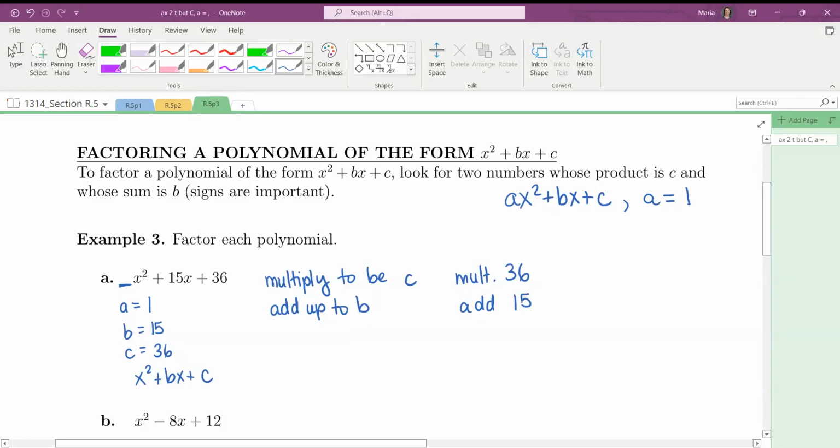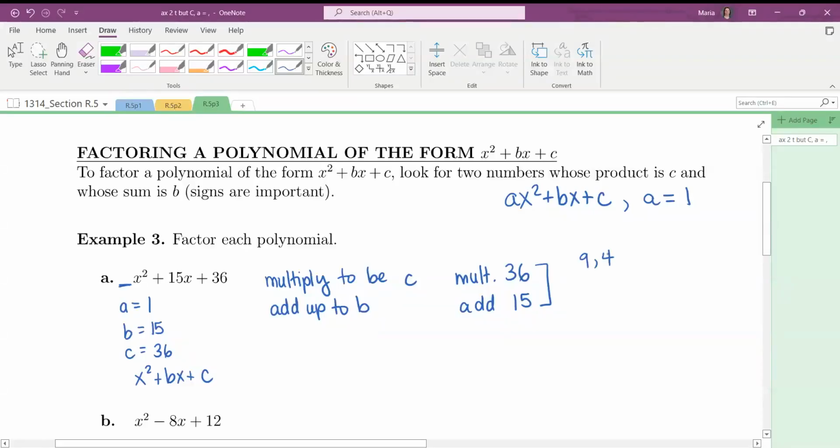So again, we are looking for two numbers. These numbers must multiply to be positive 36, and they must add up to be positive 15. Think about it. What multiplies to be 36? I've got 9 and 4.